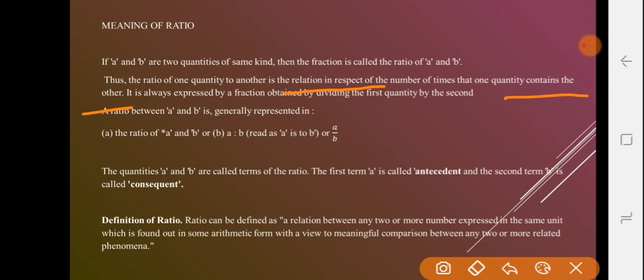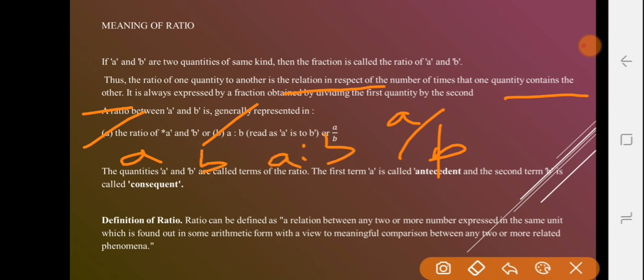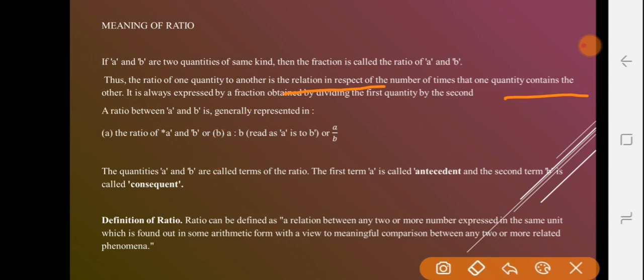A ratio between A and B is generally represented as the ratio of A and B, or the ratio A is to B, or A by B. The quantities A and B are called the terms of the ratio. The first term, A, is called the antecedent, and the second term, B, is called the consequent.